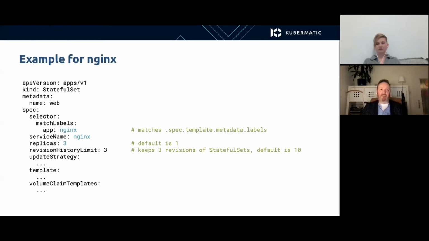So you typically would have up to 10 iterations of the StatefulSet, and with the 11th one, the first one would be dropped again. And we have an update strategy, the template, and the volumeClaim templates. So we move to these.